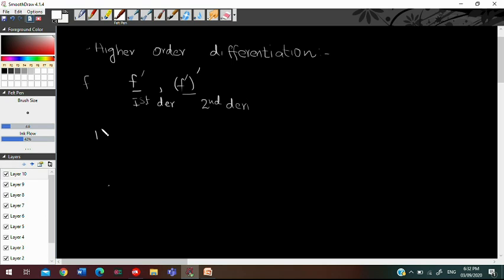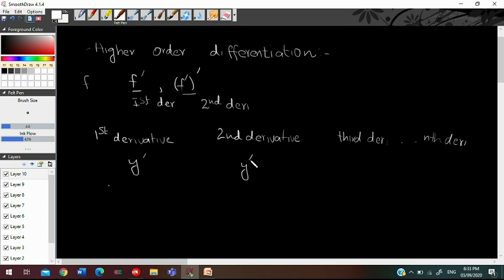Means the first column I will show you some derivatives. Now first derivative, this is the column of second derivative, then third derivative, and up to nth derivative. Now, we represent the first derivative like f prime, the second derivative with f double prime, the third derivative with f triple prime, but the nth derivative with this power n.